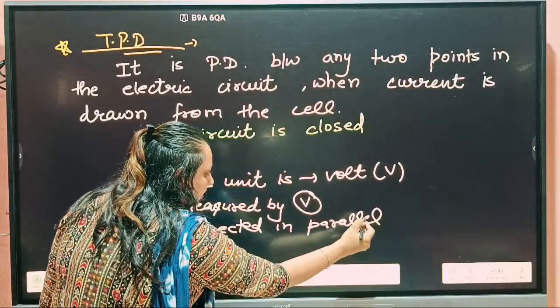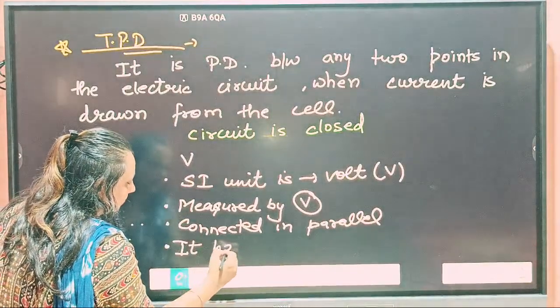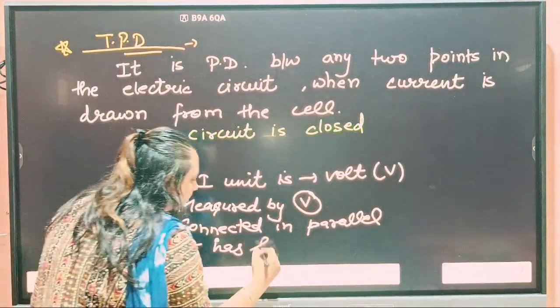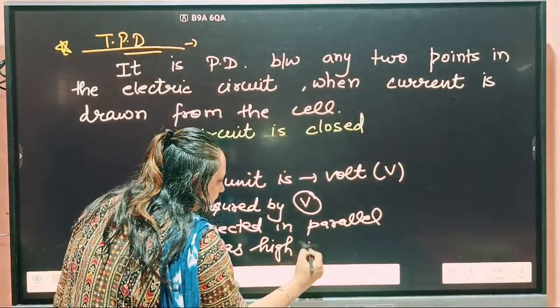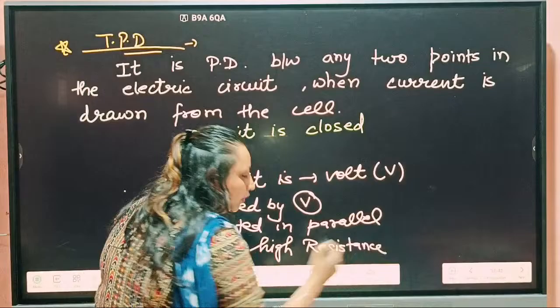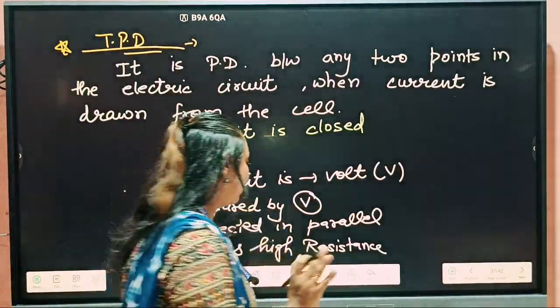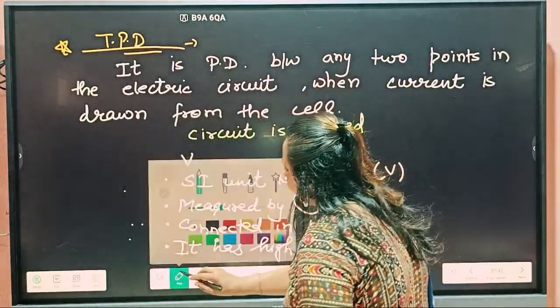So it is measured by voltmeter, which is connected in parallel in the electric circuit, and it has high resistance. If we talk about the resistance of an ideal voltmeter, it is infinite.